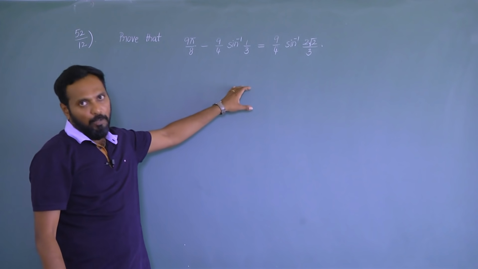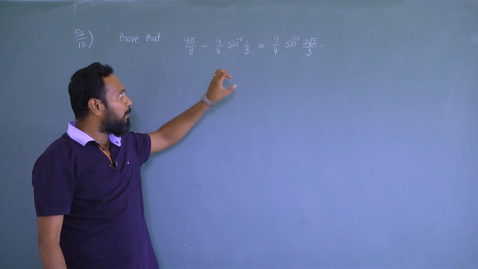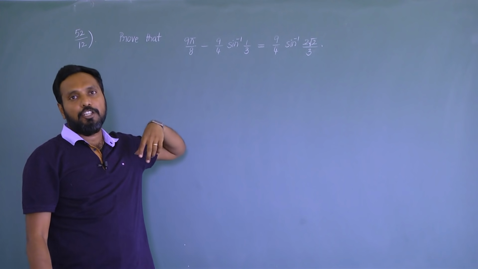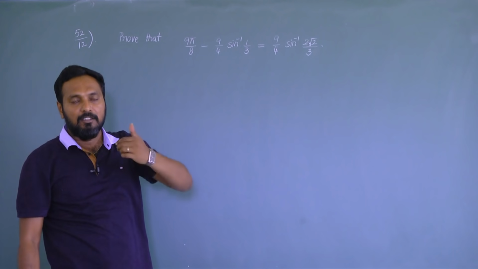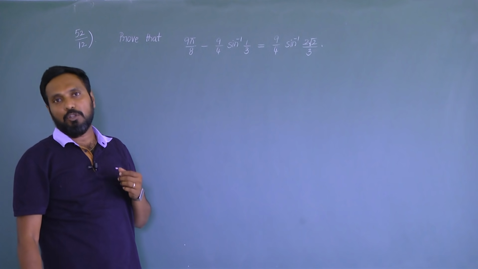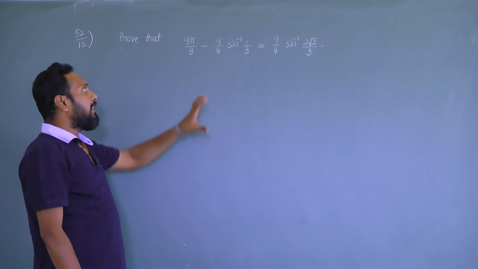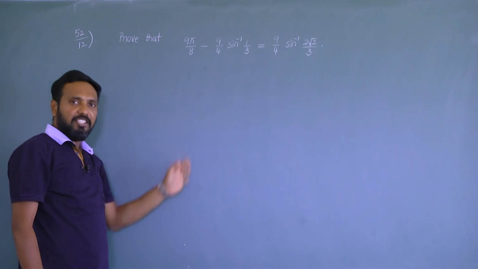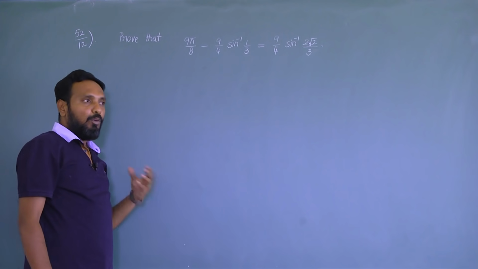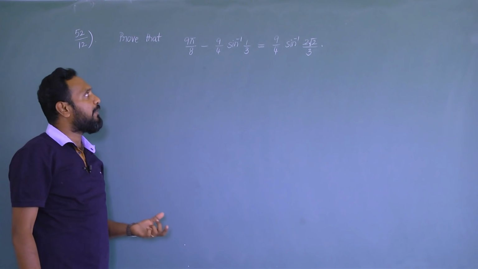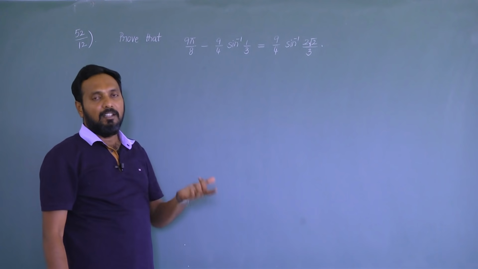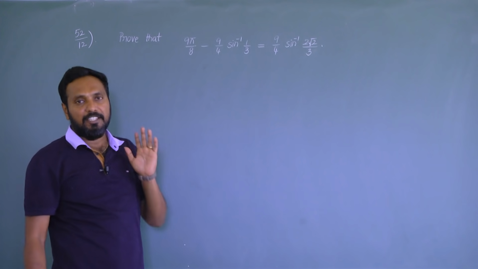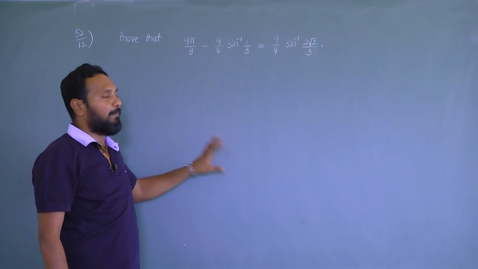So up to this problem, we have proved by taking LHS and proving that it equals RHS. But in this particular problem, we will take the given form as it is, and whatever the value after simplification, we get that LHS and RHS are equal. That method will apply here.